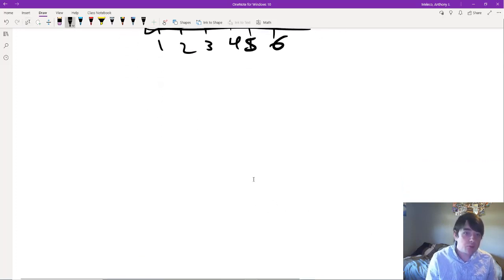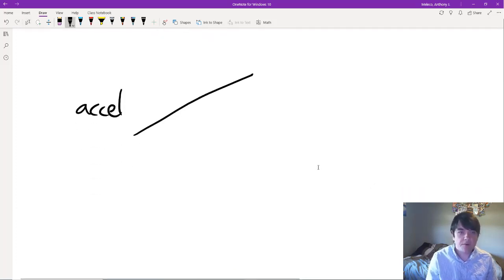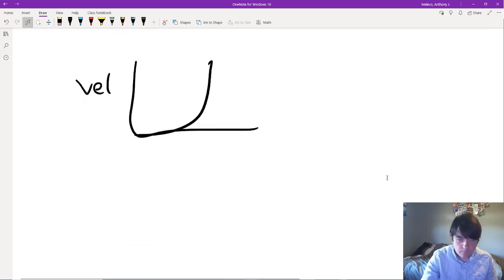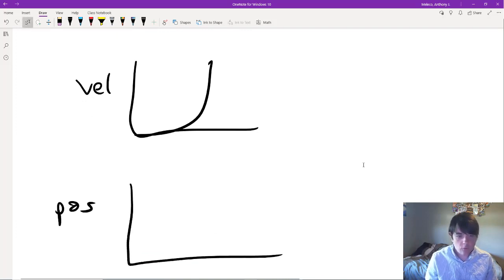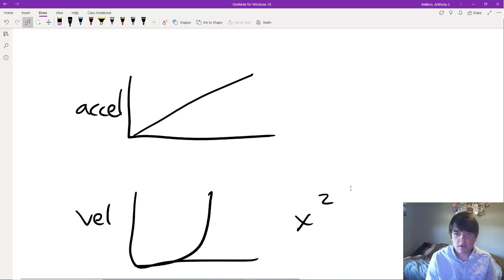Now, that's with just a constant acceleration. If you have a changing accel, if this looks like this, if your acceleration is a diagonal line, then your velocity will be a parabola, and then your position will be the next step up, which is x cubed, x squared, and just x.